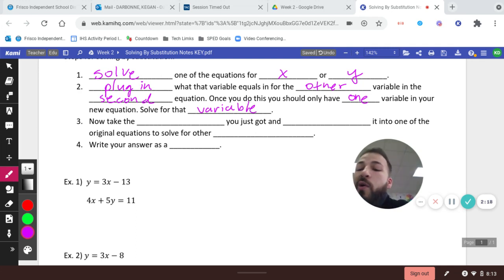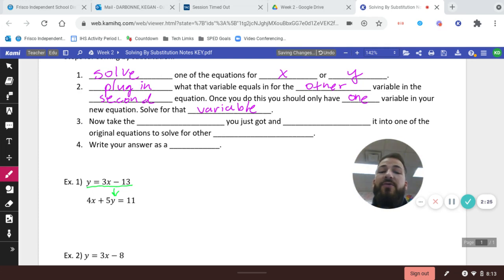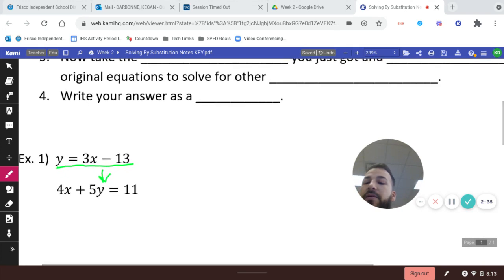So let's look at example one. So I'm going to take y equals 3x minus 13, and I'm going to plug it in to y in my second equation. So this is going to become 4x plus 5 parentheses 3x minus 13, because I know that y is equal to 3x minus 13.